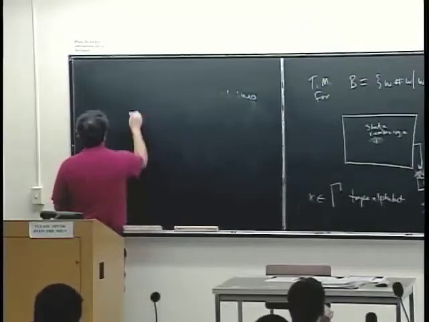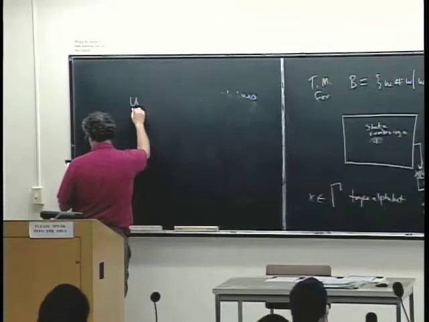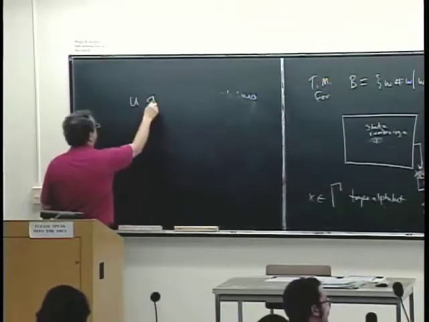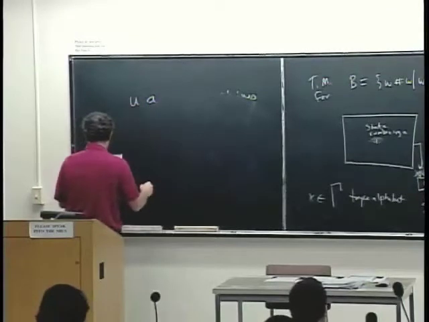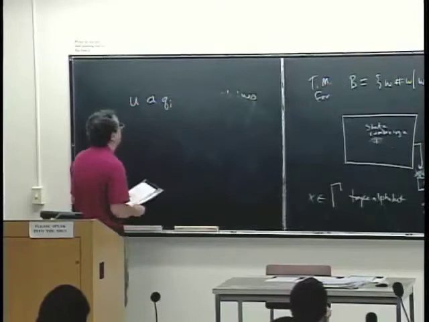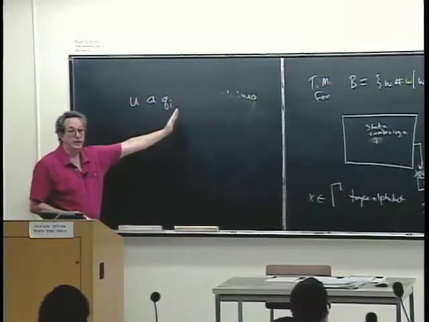So if U is the part of the tape before the last symbol, which is an A, and you're in QI, this is the situation where the read head is on the extreme right of the tape.